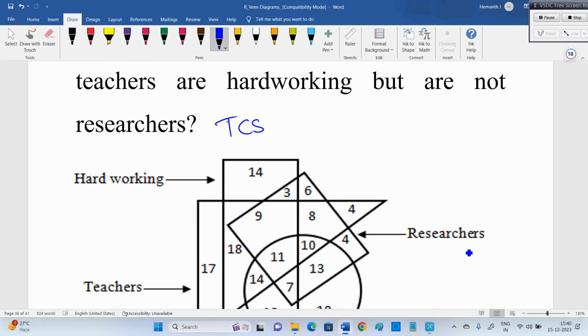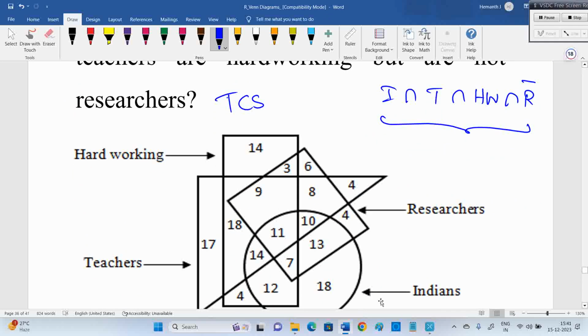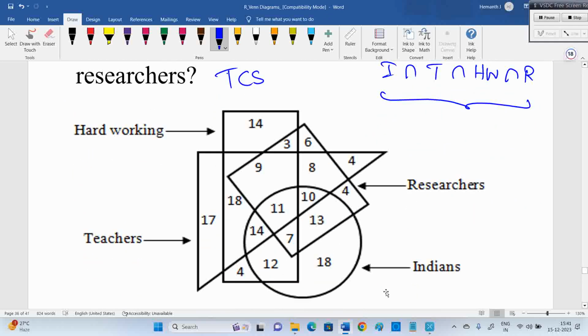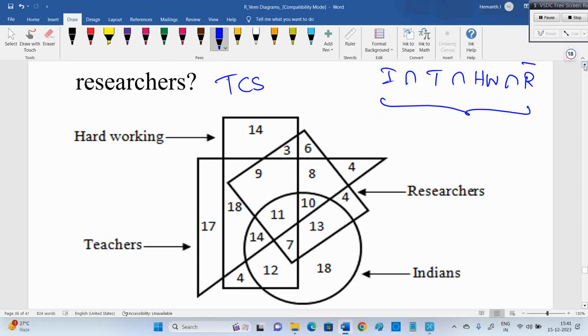So Indian and teacher and hardworking but not researchers. This area I want: the intersection of Indian, teacher and hardworking but not belonging to researcher. The target is very clear.